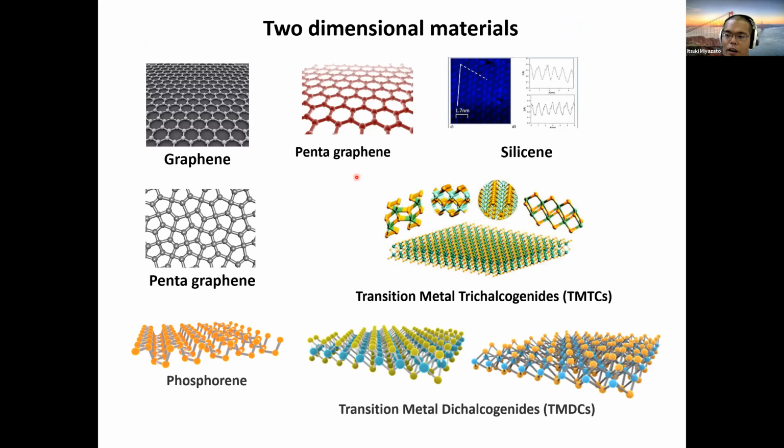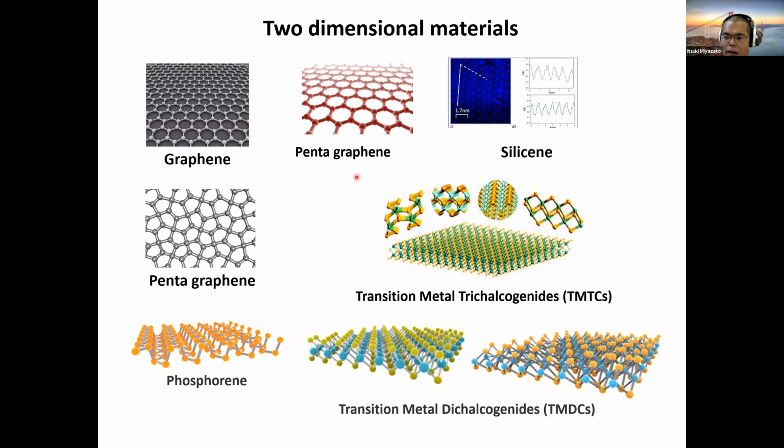From the discovery of graphene, two-dimensional materials have been popular in material science because of the unique physical properties originating from their high surface area and the quantum size effect, which is rarely seen in conventional bulk materials.